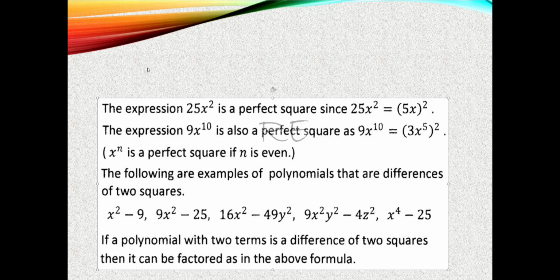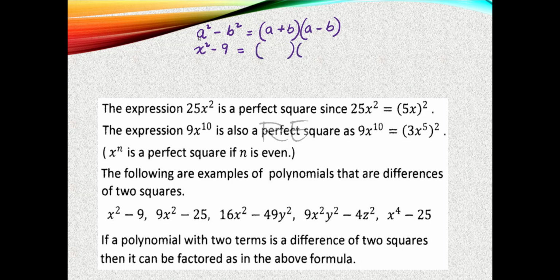A squared minus b squared is equal to a plus b times a minus b. The following examples are differences of two perfect squares.